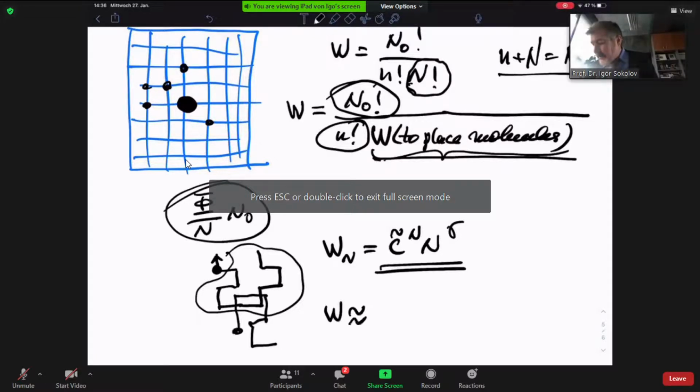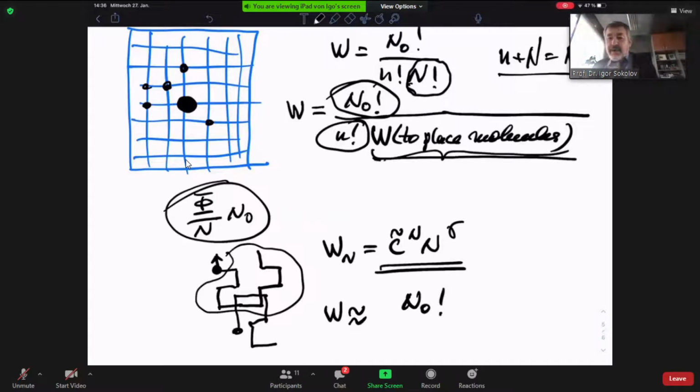W is approximately n0 factorial, the number of ways in which I can renumber the sites, divided by the number of ways in which I can renumber the empty places or the solvent molecules. And here I will place the number of molecules factorial, just a second.